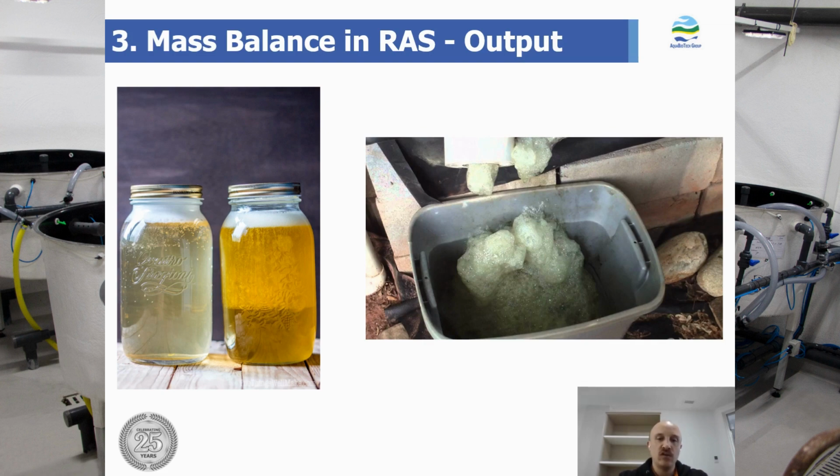The level of dilution of a RAS system is giving us the idea of how intensive the system is and how concentrated the water of our system is. And this is a choice of a fish farmer, for example, but it's also a function of the level of metabolites which we have in our water.